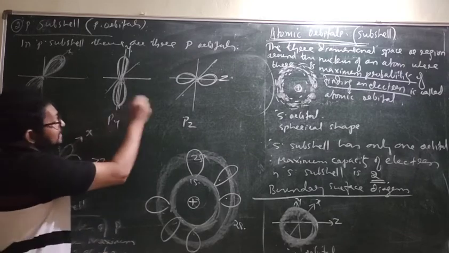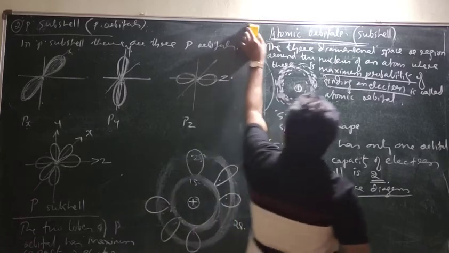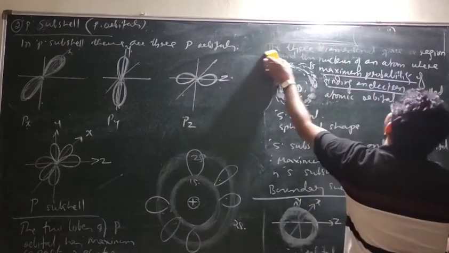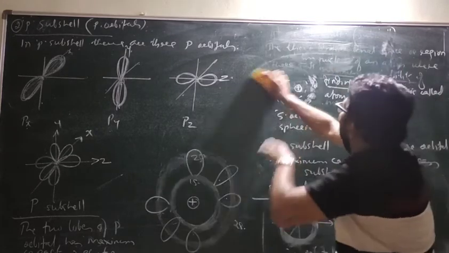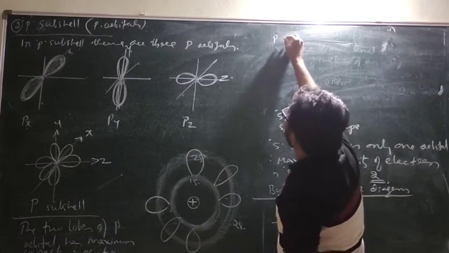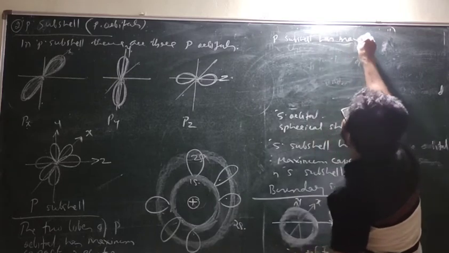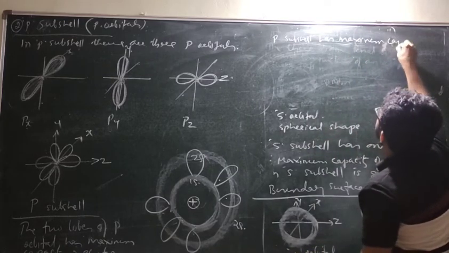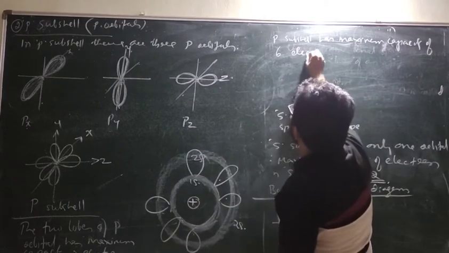Then how many orbitals are there? 3 are there. Therefore, what is the maximum capacity of p subshell? P subshell has maximum capacity of 6 electrons.